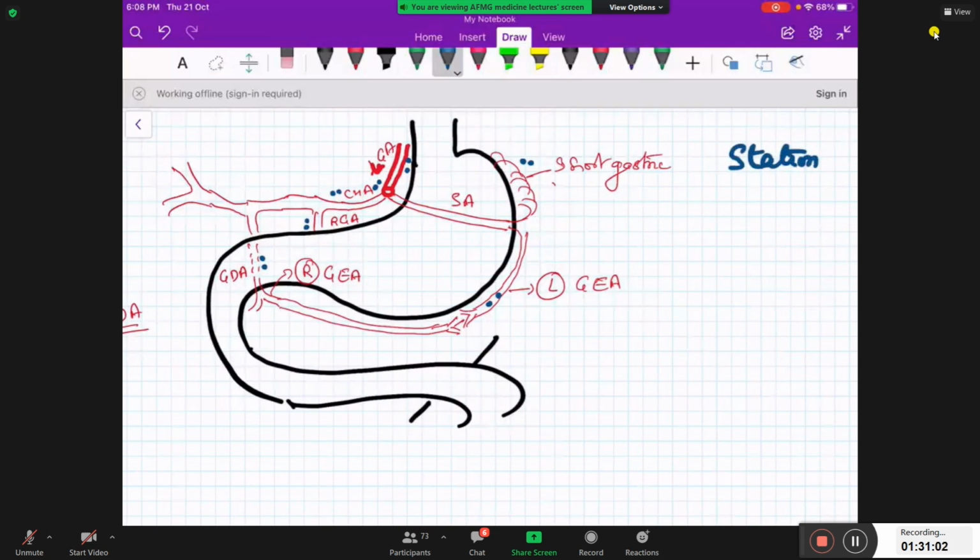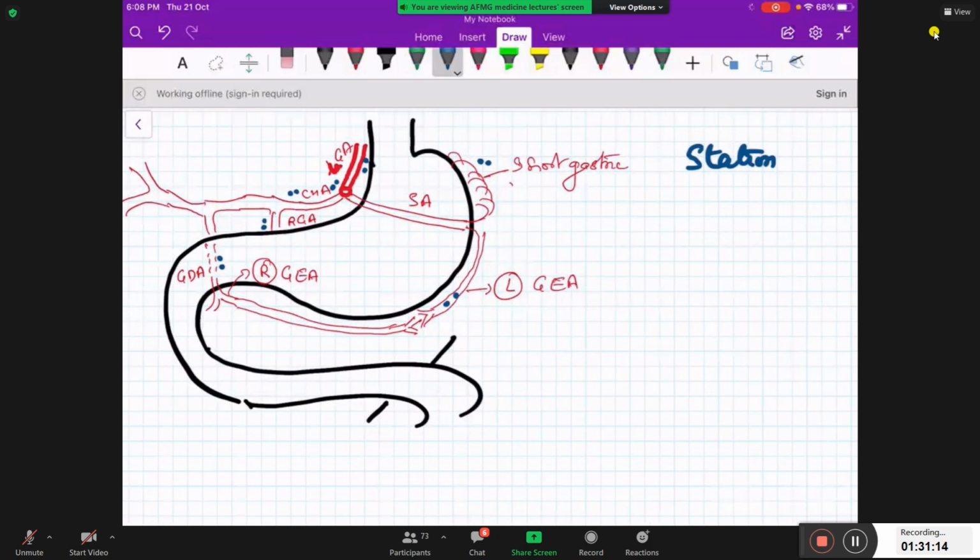Say, for example, the short gastric node has some number, and that is a station for it. Likewise, the left gastric node has a certain number, and that number is a station. We just need to know there are 16 stations.